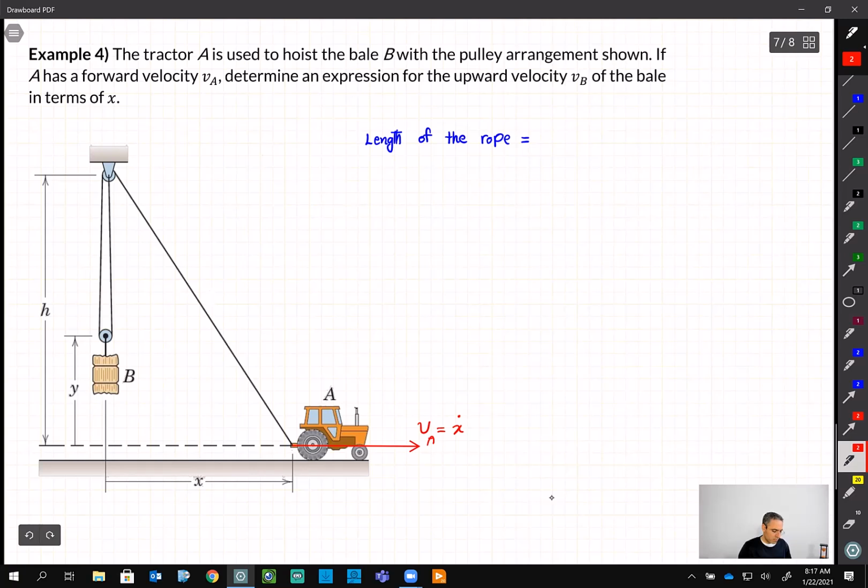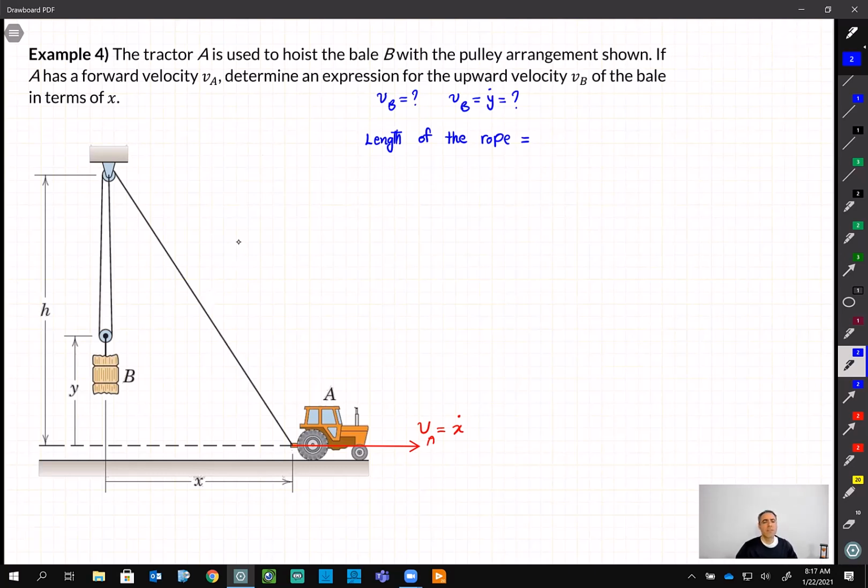What we are interested to find is VB, which is VB is equal to y dot. This is our task. Our task is to find the relation between x, y, and h, because this is all the information that we have, nothing else. Don't look for any extra things here.